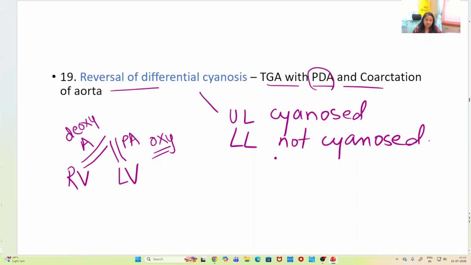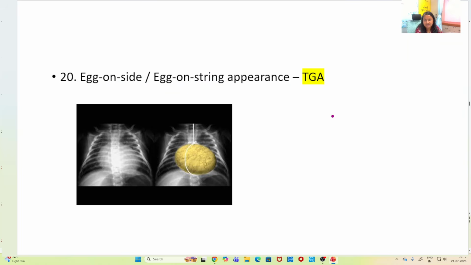The lower limbs receive the oxygenated blood and are not cyanosed. However, the upper limbs are cyanosed because they are receiving the deoxygenated blood predominantly, through the arteries that supply the upper limbs, that is the subclavian artery.